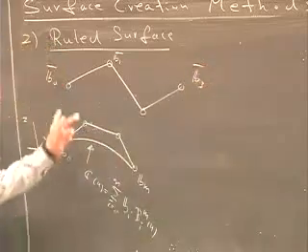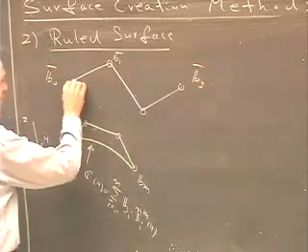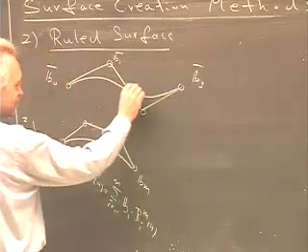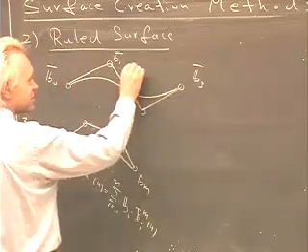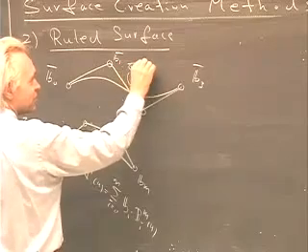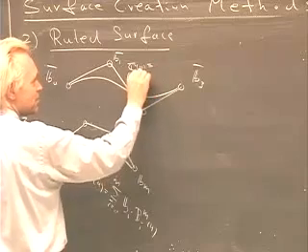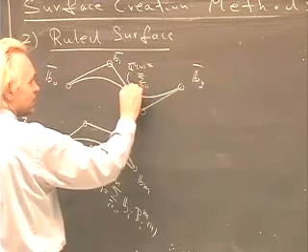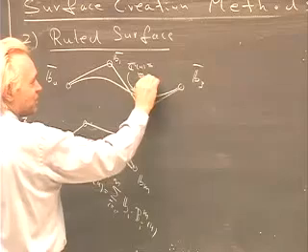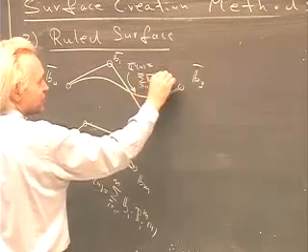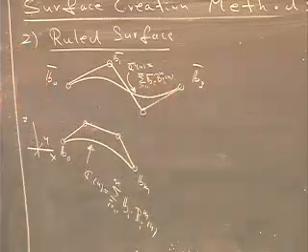And so there is a second curve there, and the second curve would look like this. That's the second curve, and I call it C bar of u, which would be the sum for i from 0 to m of b_i bar times B_i^m of u. Okay, that's the second curve.